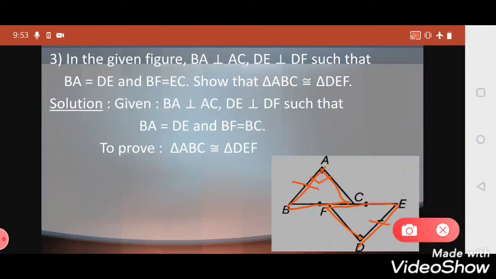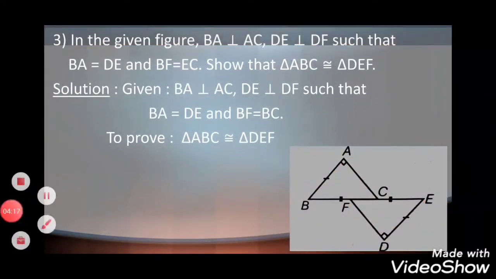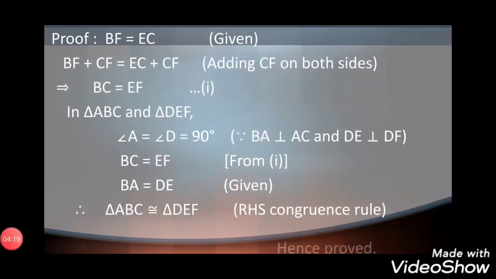Angle A equal to angle D, both are 90 degree, as BA is perpendicular to AC and DE is perpendicular to DF. And we have proved that BC is equal to EF. So, according to RHS congruence rule, triangle ABC is congruent to triangle DEF. Hence, proved.